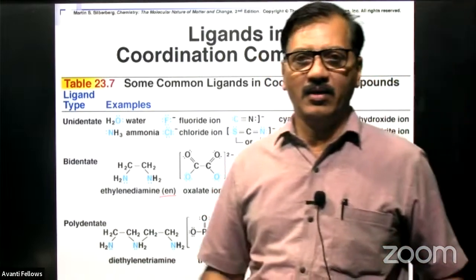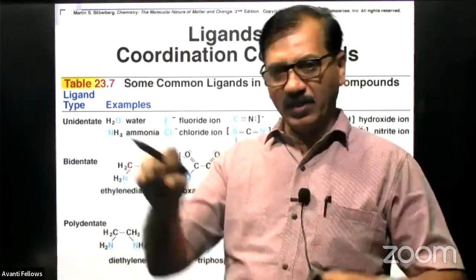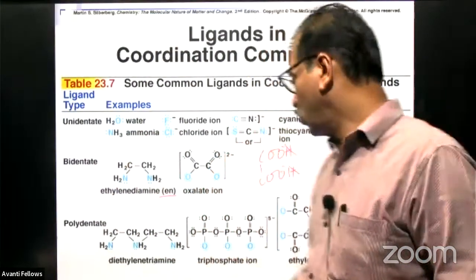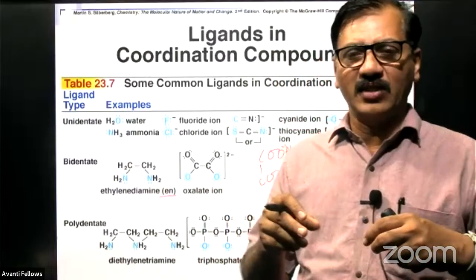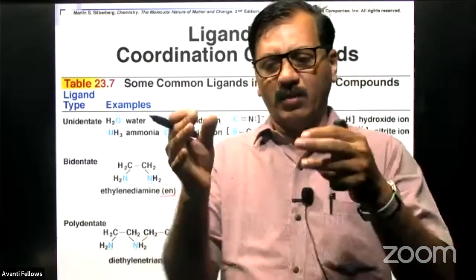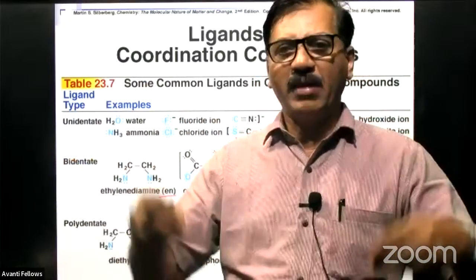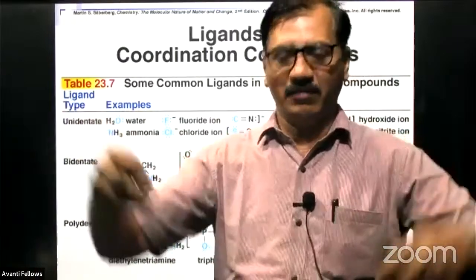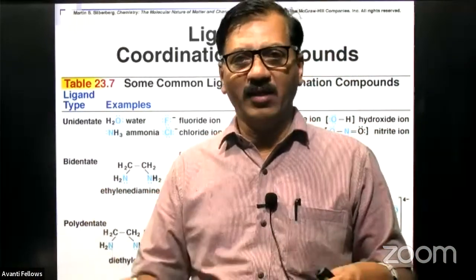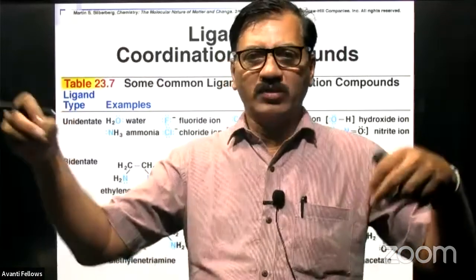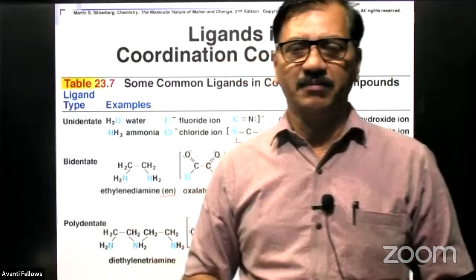Whenever such a kind of ligand is present, it is called a chelating ligand. If a ligand is able to give many pairs of electrons, or it can bind the central atom using many electron pairs, then it is a chelating ligand.